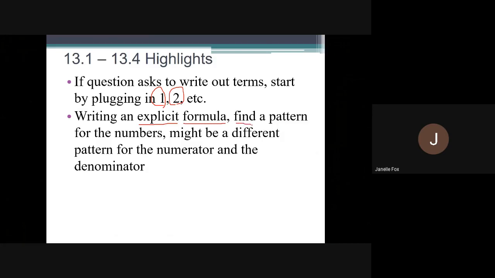Sometimes the pattern is an addition, a subtraction, a multiplication, or a division, but then we can do even craftier ones like perfect squares or perfect cubes or add 2 and subtract 1. It can be something clever like that. Also, you might have a different pattern for the numerator versus the denominator if there's a fraction. It could be a different pattern for the top and the bottom.